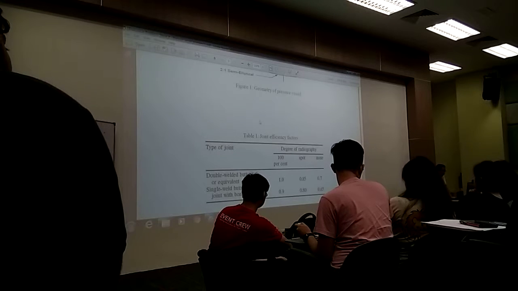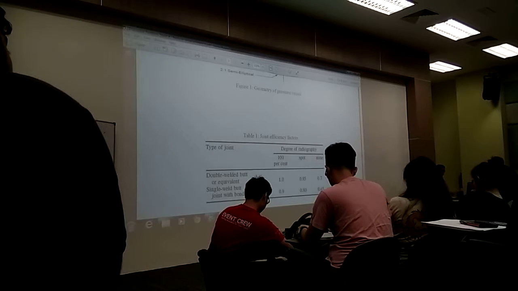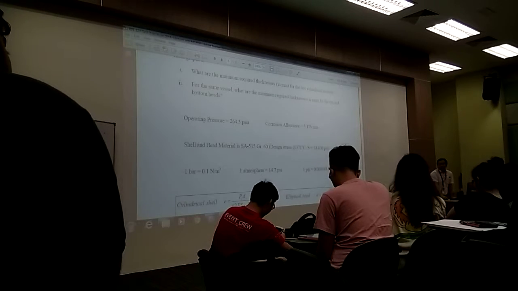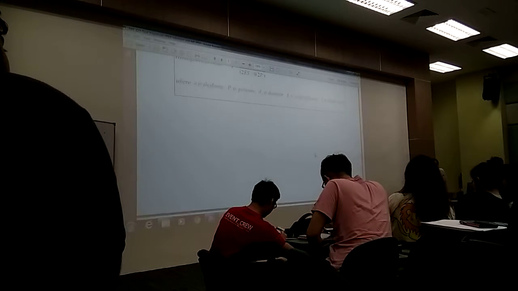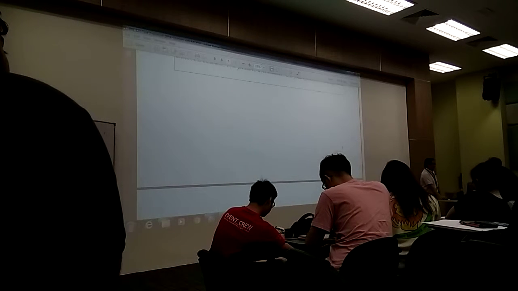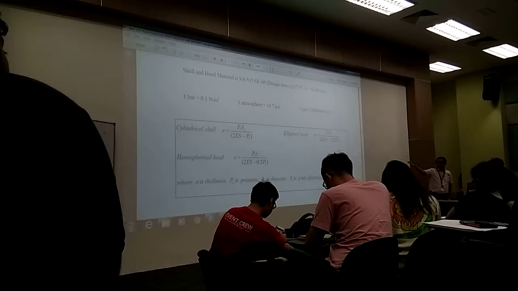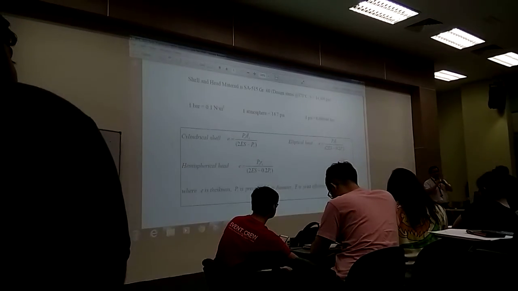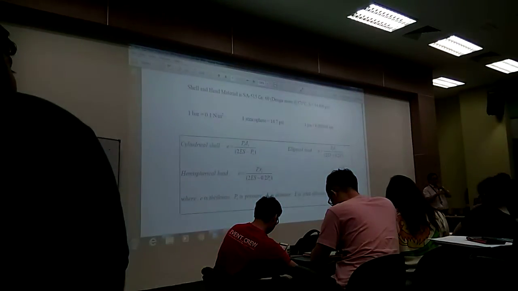Any questions on the pressure vessels? Any questions here? Should be easy. Normally it would be given like this, but don't trust the one that is given. Remember the correct one, your experience from test 1.